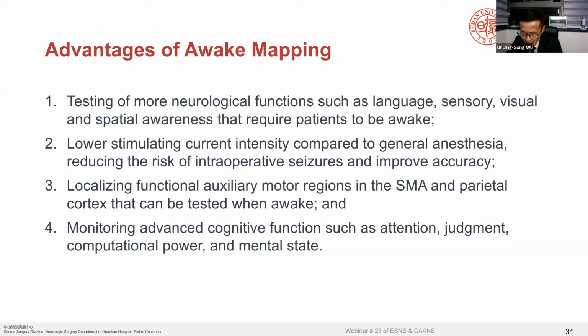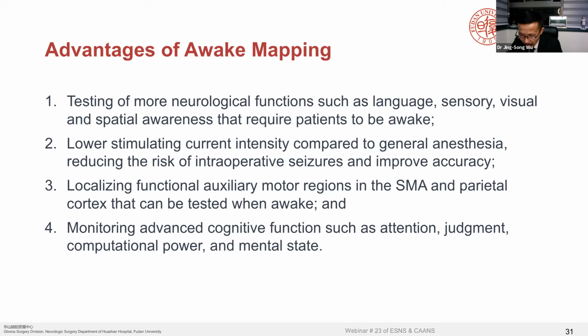Awake mapping allows for lower stimulating current intensity compared to general anesthesia. So it can be used to reduce the risk of intraoperative seizure and improve the brain mapping accuracy.